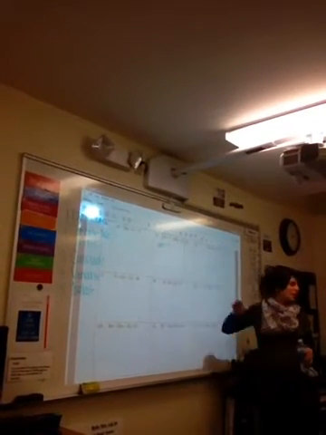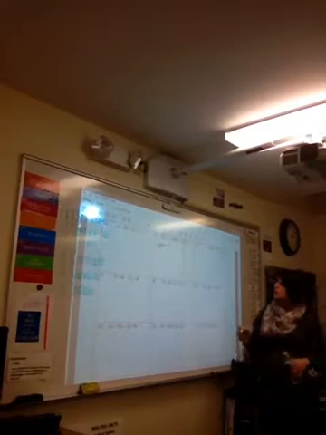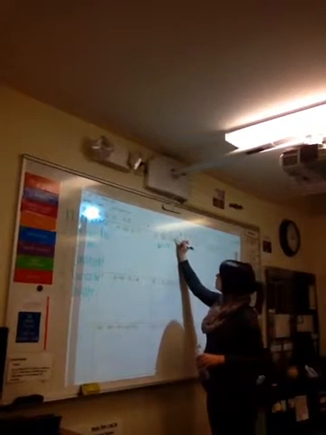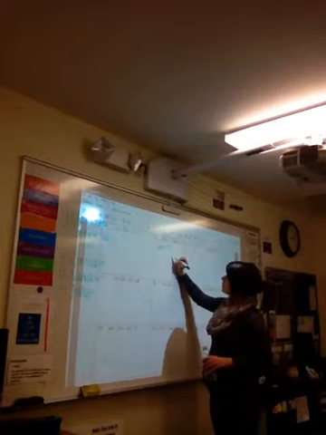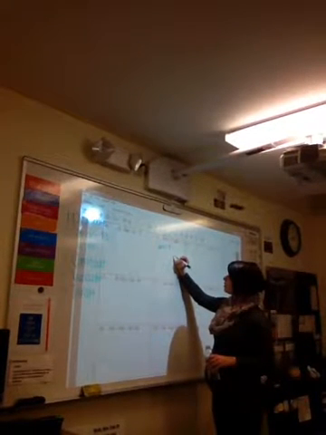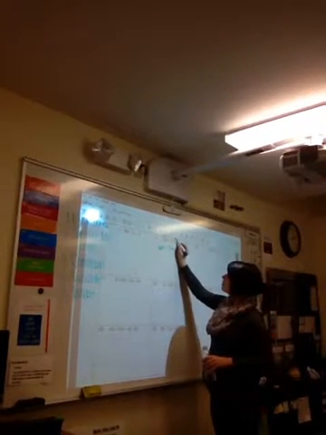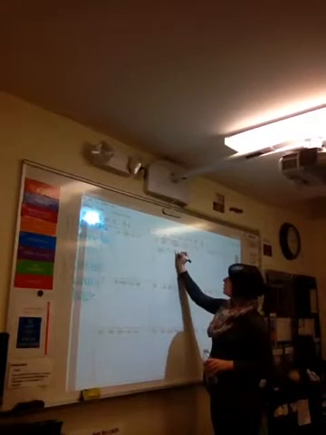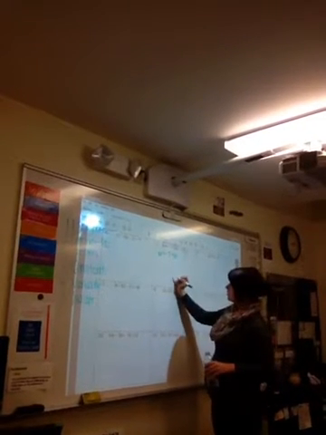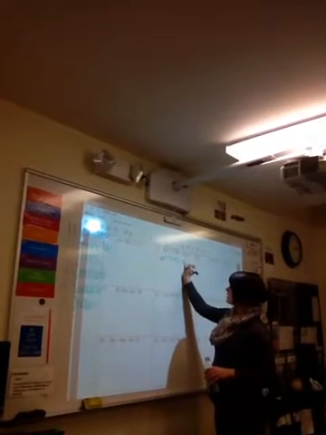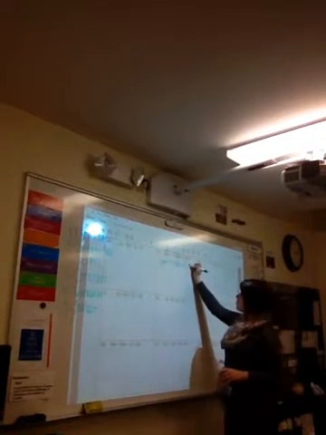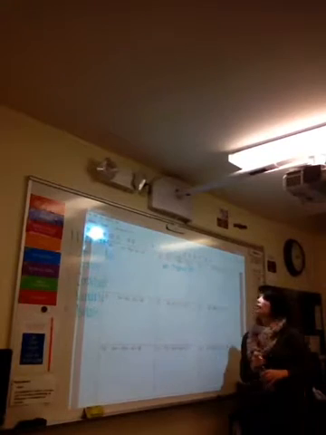Raise your hand if you can tell me how to distribute this next piece. Tristan? You take positive, well, first you put the plus sign right there, and then you take 1 and you times it by 8, which will give you 8n. Excellent. And then you take 1 times it by positive 2, which will give you plus 2. Excellent. And then I haven't done anything with my 23, so I'm going to bring down my 23.